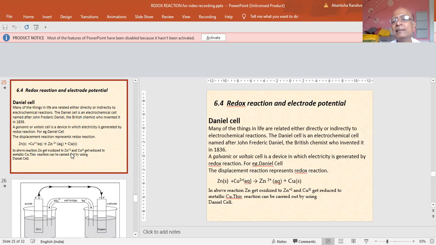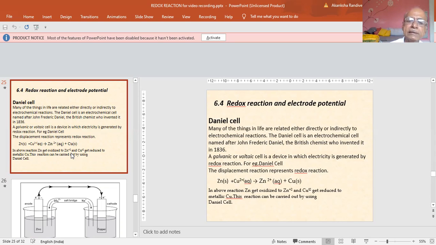The Daniell cell is an electrochemical cell named after John Frederick Daniell, the British chemist who invented it in 1836. A galvanic or voltaic cell is a device in which electricity is generated by a redox reaction.